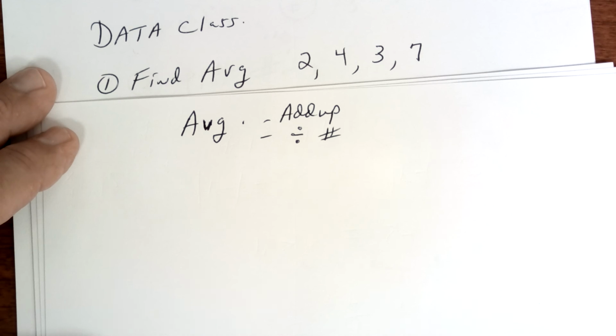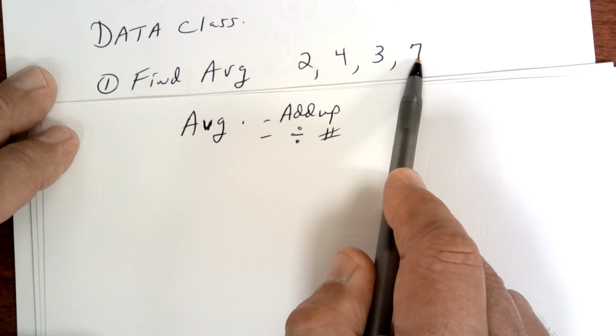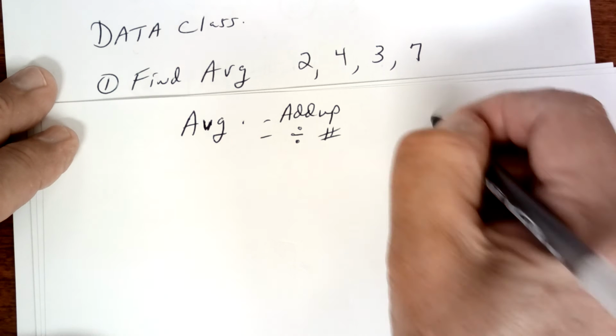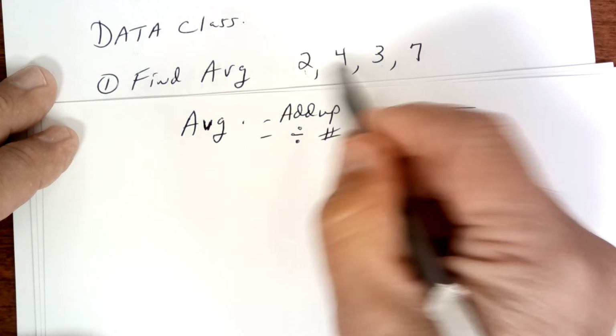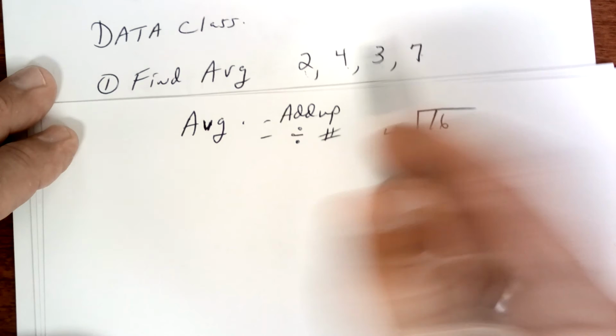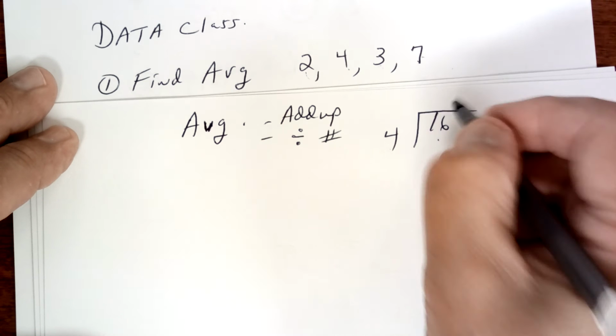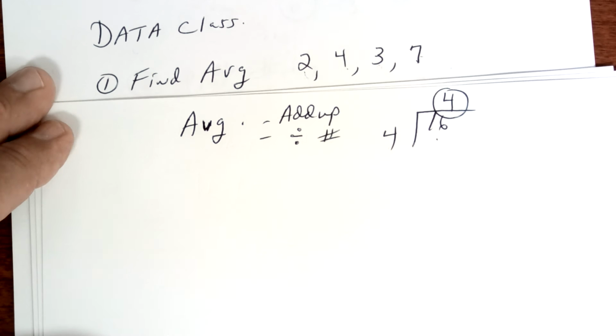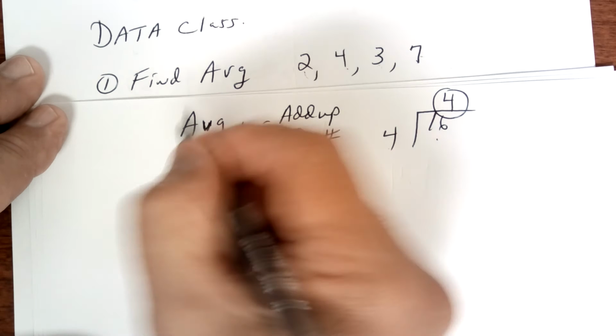So I'm going to add this up. I get 10, 14, 15, 16. So I get 16 divided by 4. There's 4 numbers. So 4 goes into 16 4 times. So the average is 4. That's it. Another name for average is mean.